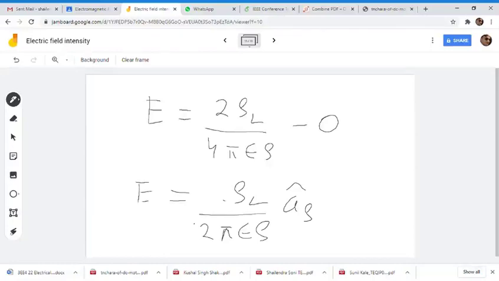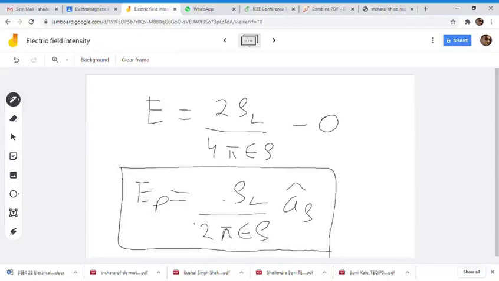So this is the electric field due to a line charge at point P. And the thing to observe is that this electric field only depends upon the radial distance of the point from the line charge, and it is directed in the radial direction only.